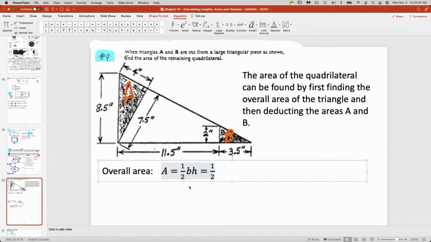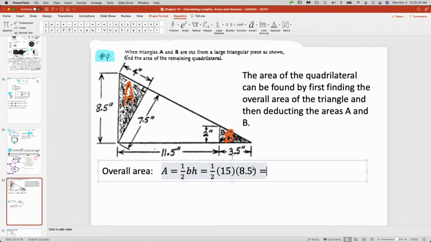The base of the large triangle. What is the base of the large triangle? Anybody? 15 is correct. You take the 11.5 and the 3.5. Thank you, Norris. And then the height is 8.5 on the left there.